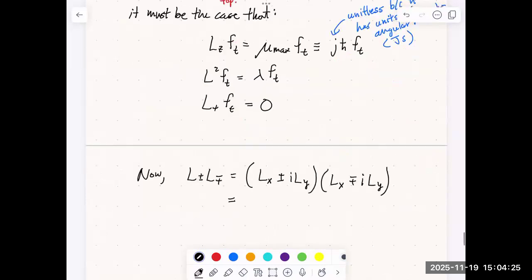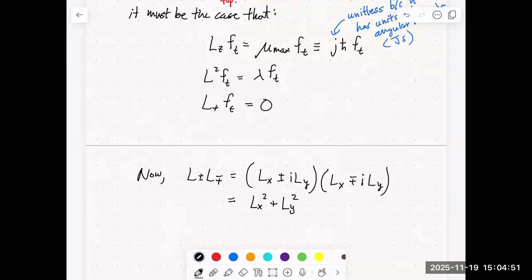And so let's just grind it out. Let's multiply this stuff out. Lx squared. The plus minus times minus plus gives me a minus, but then I have an i squared, that gives me a minus, so overall we get a plus. And all that's left is Ly squared. And then we have our cross terms.